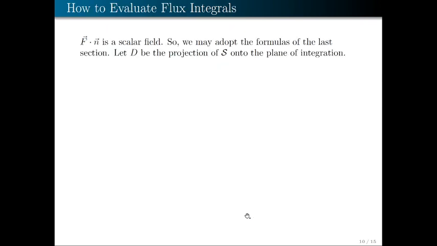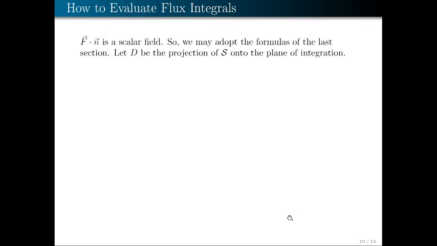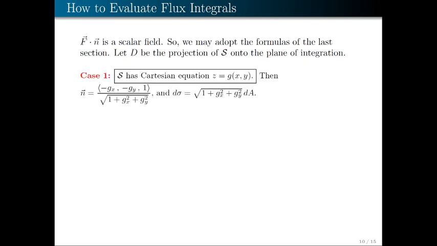Okay. So next, how will we evaluate the flux integrals? Of course, since our integrand F dot n is a scalar field, we may adopt the formulas from the last section in order to evaluate it. So we have D to be the projection of our surface onto the plane of integration, and we'll have two cases. First, if S has the Cartesian equation z equal to g of x, y, then we'll be using this normal vector here, and we'll replace d sigma by this, coming from a previous lesson, and plug all of those into our integral.